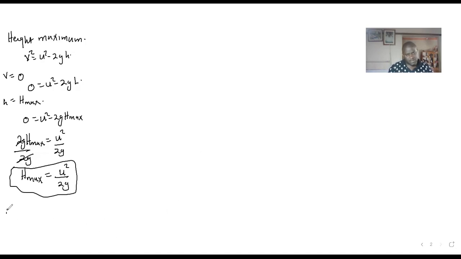When a body is dropped through a height h, the velocity with which it hits the ground.